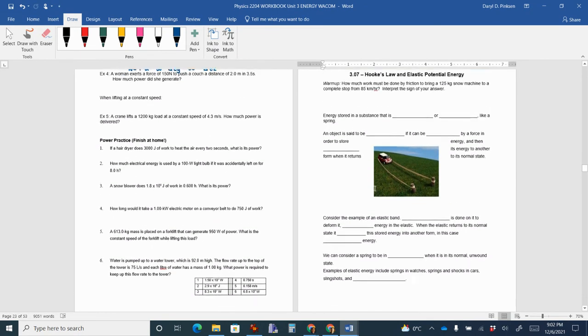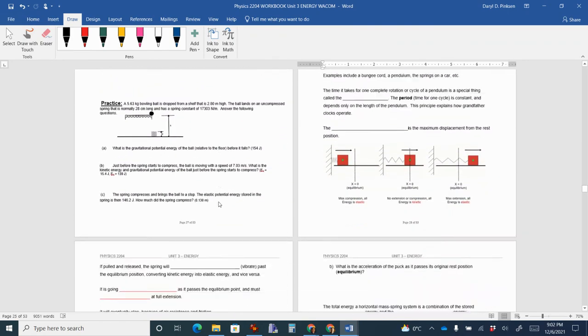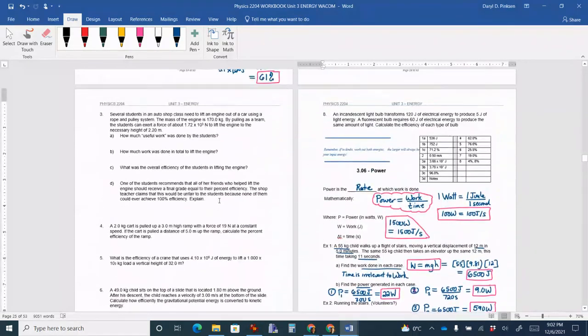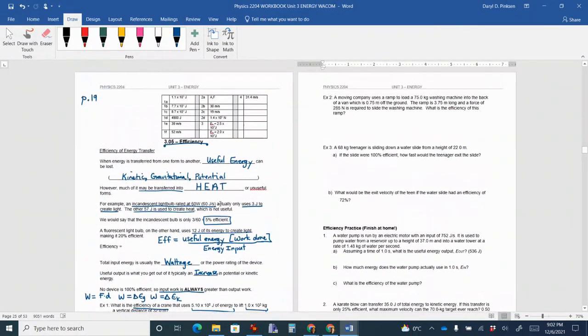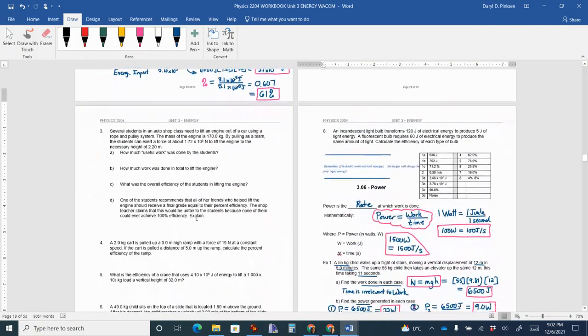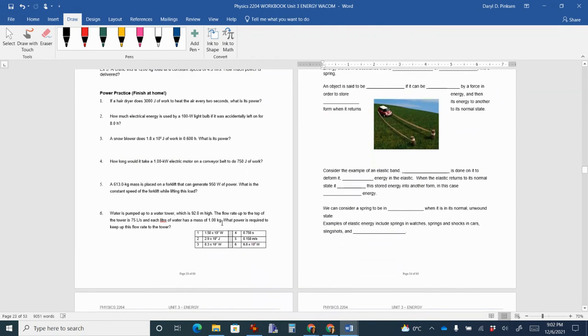And then after that, we start Hooke's Law, which is looking at springs. So that's your work for today, is to work on the booklet. I've gone through page 19 with you, so 20, 21, and then page 23.